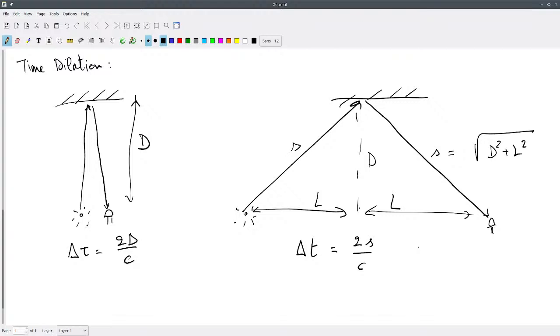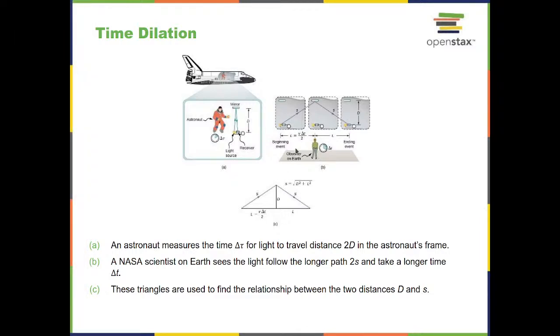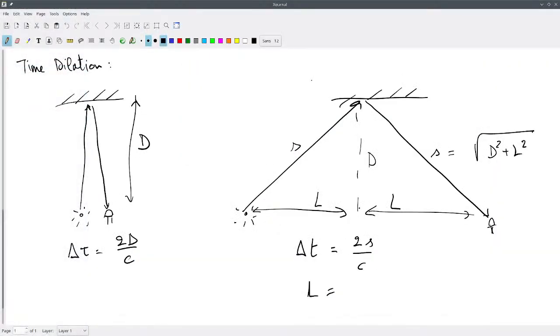So the one other thing we know is what is L. L is the distance that the spaceship travels when it's going at a velocity v. That's the distance the spaceship travels in delta t over 2. So that's going to be v times delta t over 2.